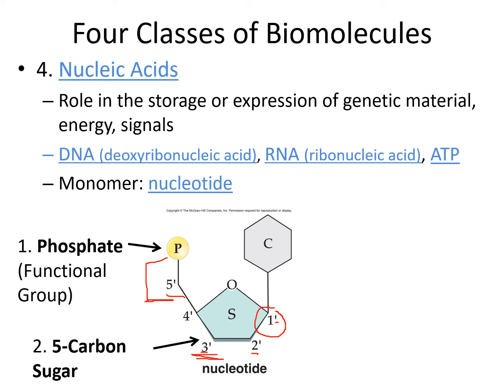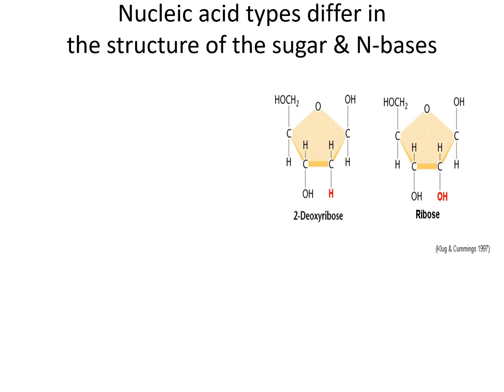Okay, so we'll be using those terms, 5' and 3' end, a few times soon. Okay, the third and final component of each and every nucleotide monomer of the nucleic acids is a nitrogenous base. And nitrogenous just means that there's lots of nitrogens in these molecules.